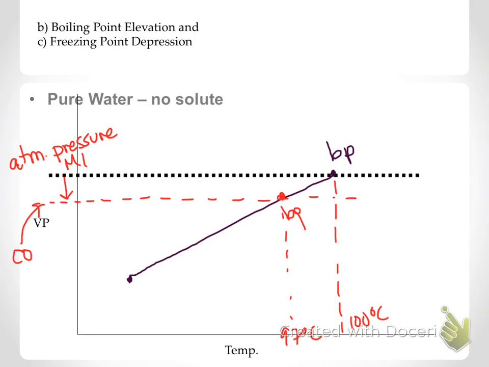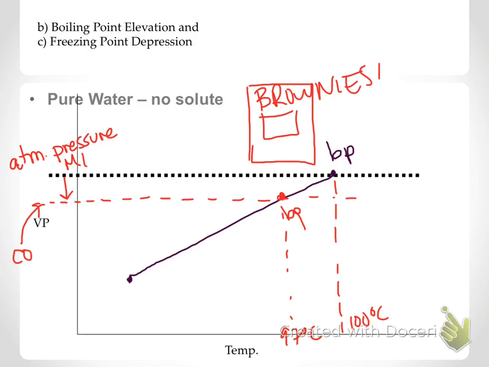So if you cook something in Colorado, if you have like a box of, I don't know, brownies or something, on the back of the box, here's your brownie box, you have some high altitude cooking directions, because when you're at a high altitude, you have to do things a little bit differently because your water and anything that's going to boil is going to do that quicker, which means you'll need to cook it longer because it's at a lower temperature while it is cooking. So I just think that's really interesting and very relevant.